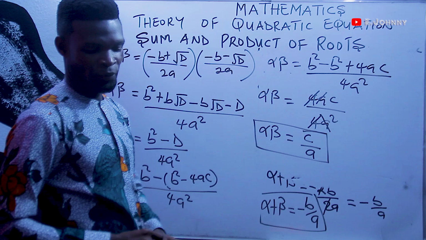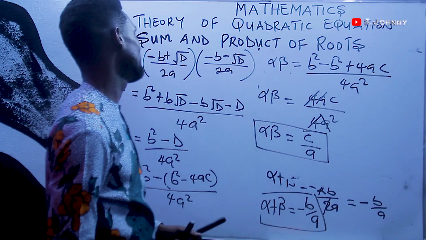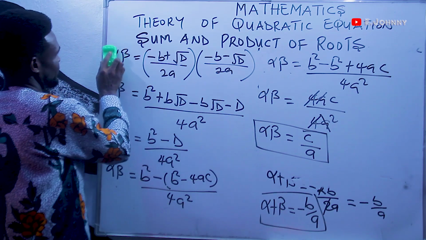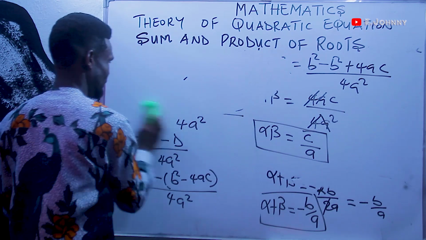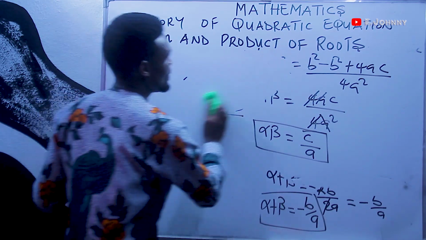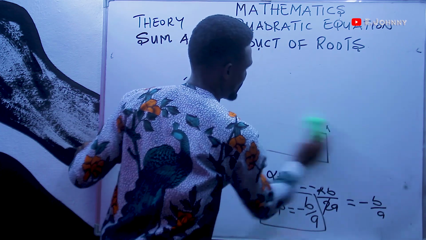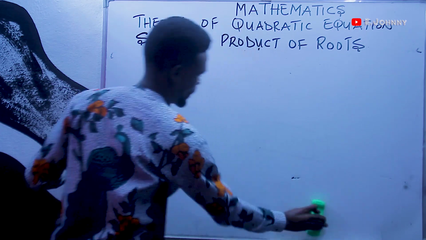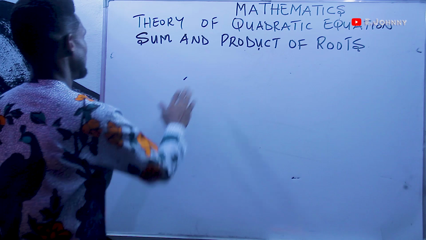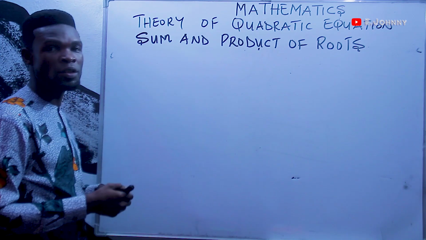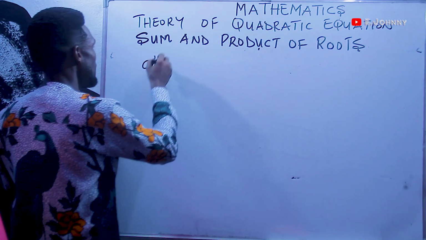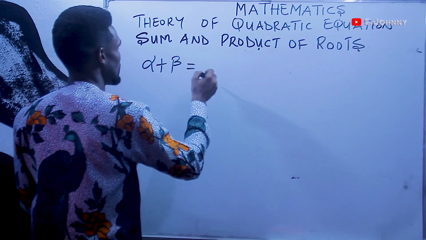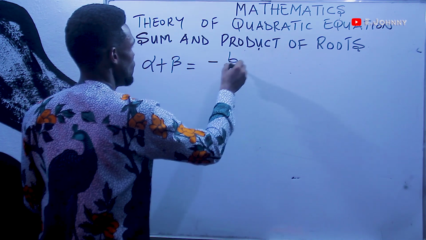So in summary, this is what we are saying. It's quite easy. Whenever you are dealing with the sum of roots, alpha plus beta, don't forget that it is minus b over a.